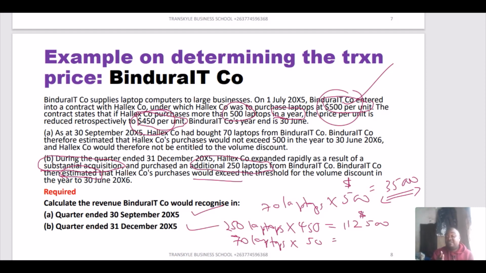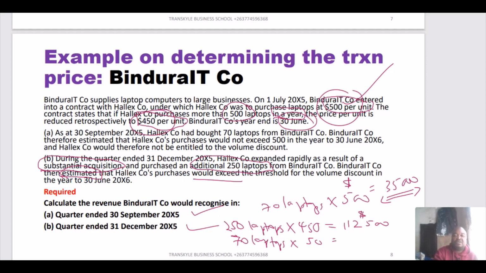But remember, even if we recognize this particular revenue, we then have to consider it as a variable consideration because they might as well fail to meet the 500 at the end of the year. Remember, the year end of this company is 30 June. So at 30 June 2026, they might fail.